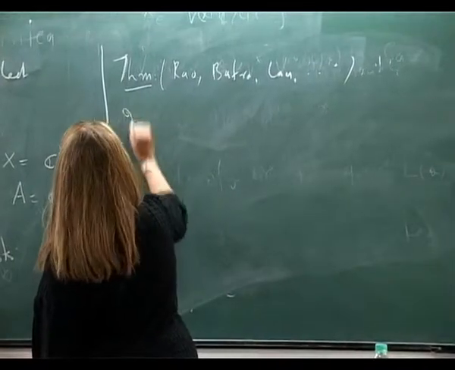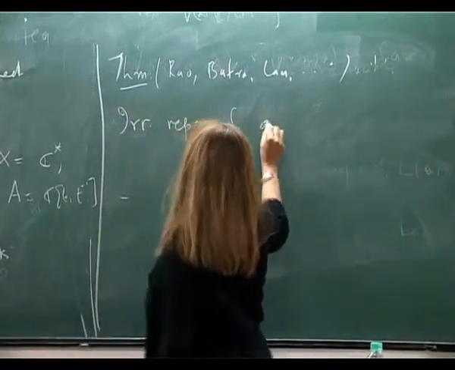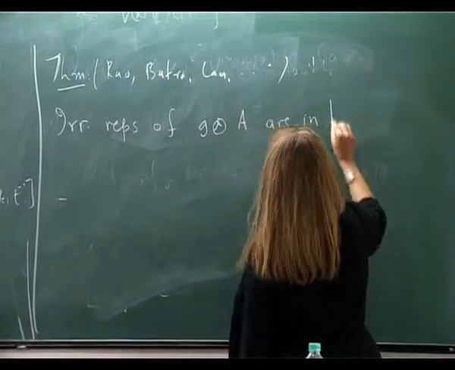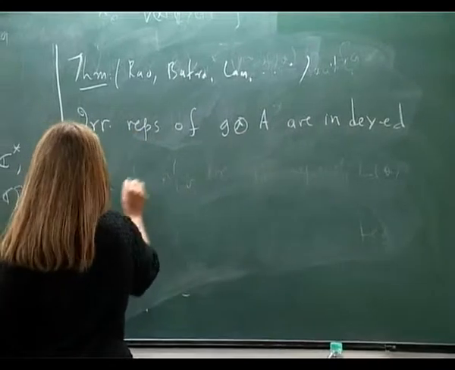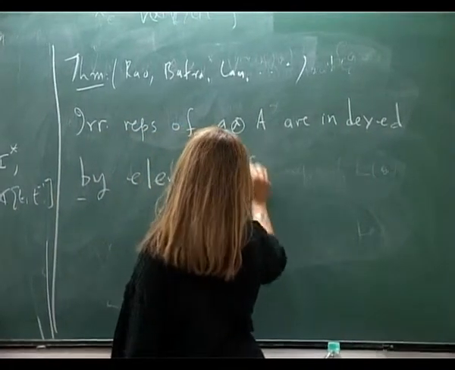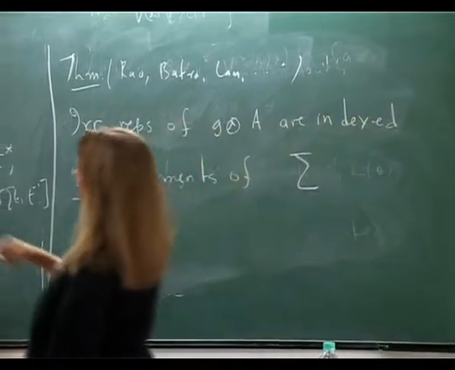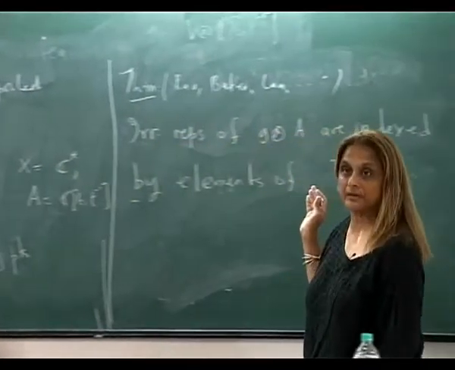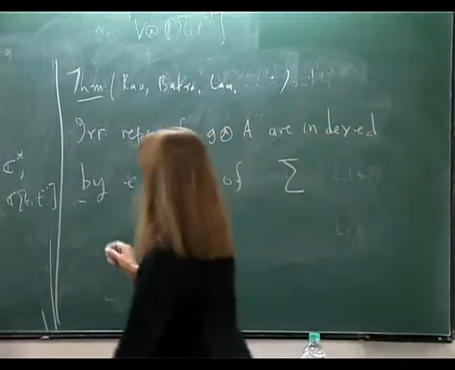So it says that the irreducible representations of G tensor A are indexed by elements of psi. So you take any function with finite support from x to P plus, that gives me an irreducible representation, and conversely.